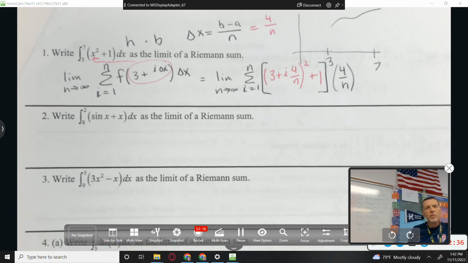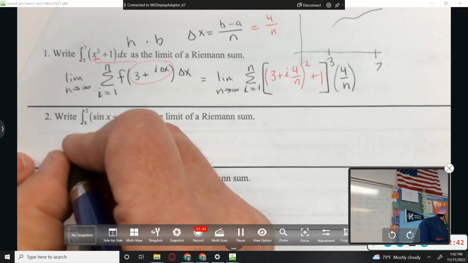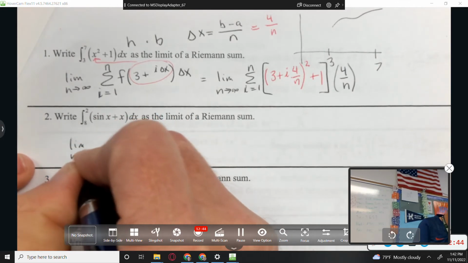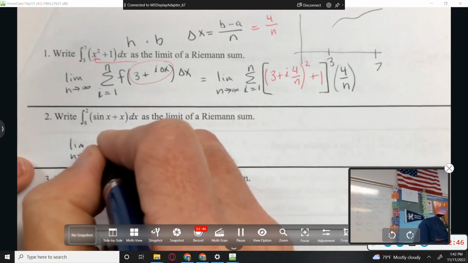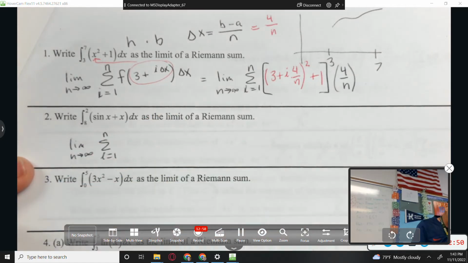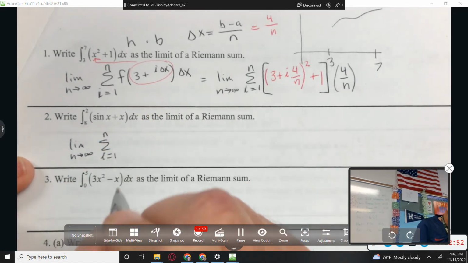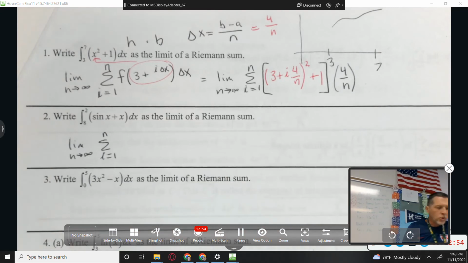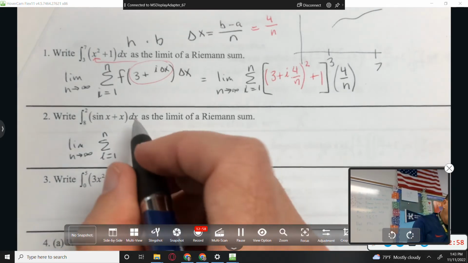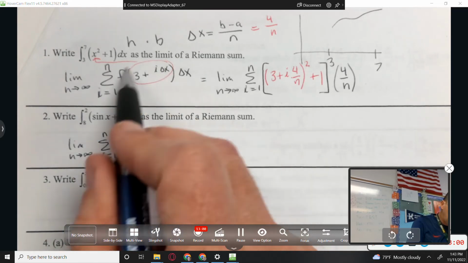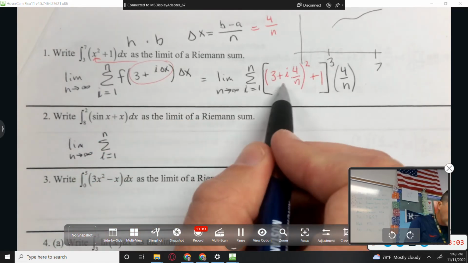Let's do one more before we start to talk about patterns. Limit as n goes to infinity, sum from 1 to n. Let's see, 8 to 2, kind of going backwards here. Do I need to rewrite this step, or can I skip to plugging it in?